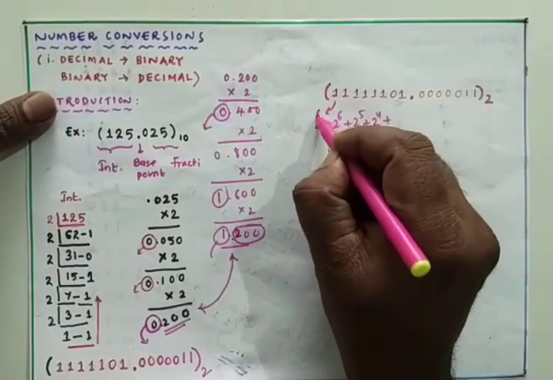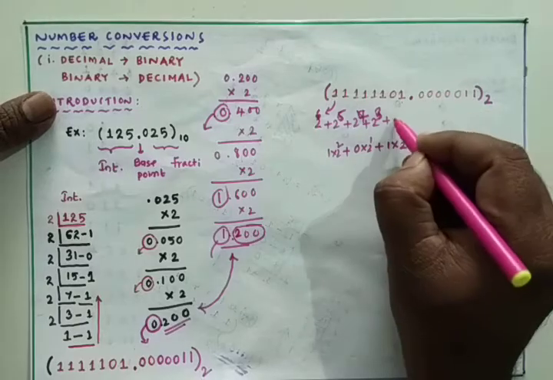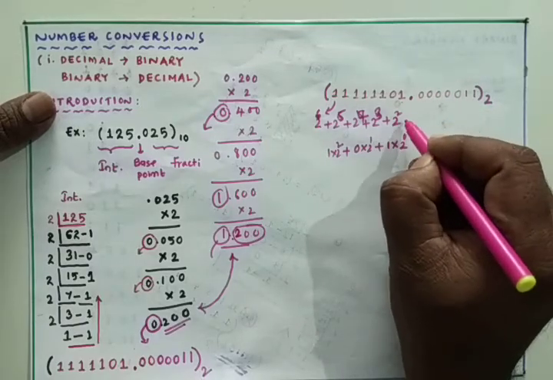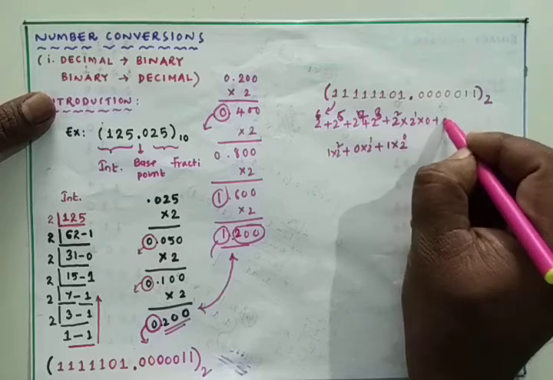It is 2 power of 6, 2 power of 5, 2 power of 4, 2 power of 3, 2 power of 2 and 2 power of 1 into 0 plus 2 power of 0.